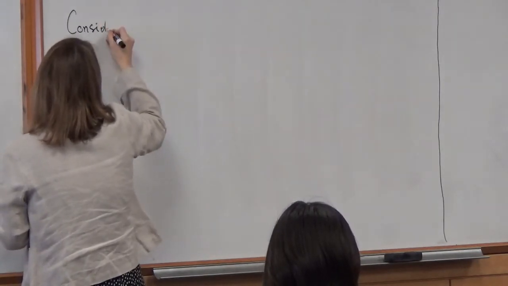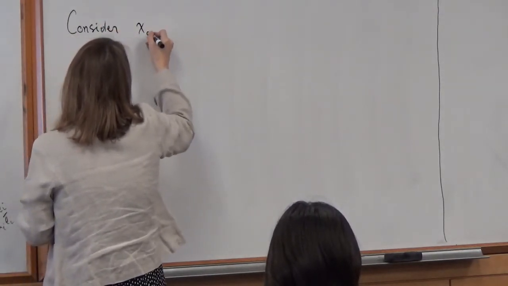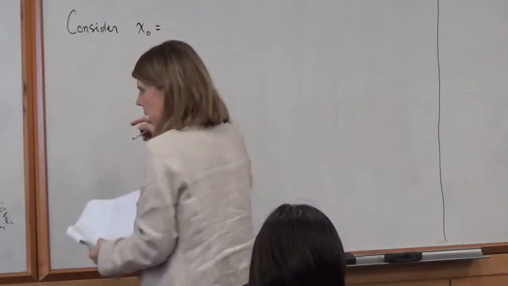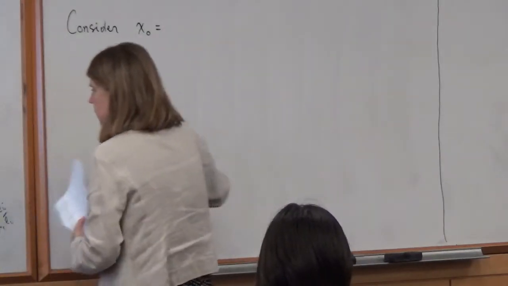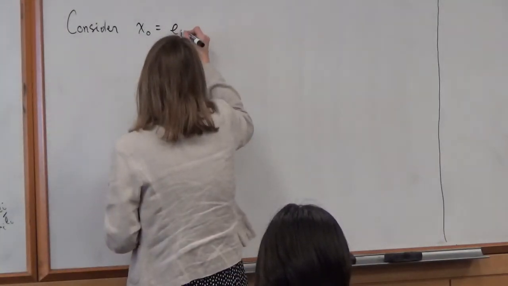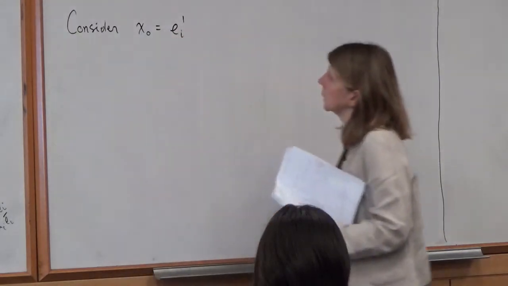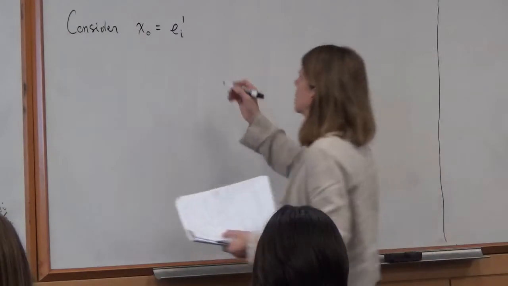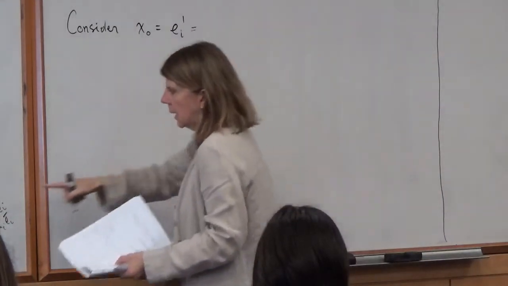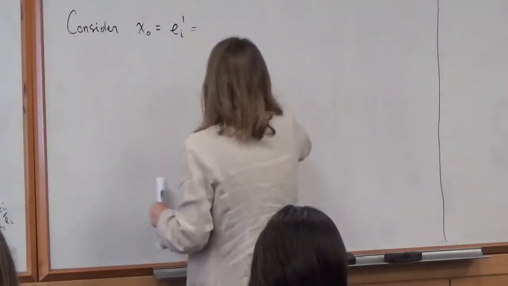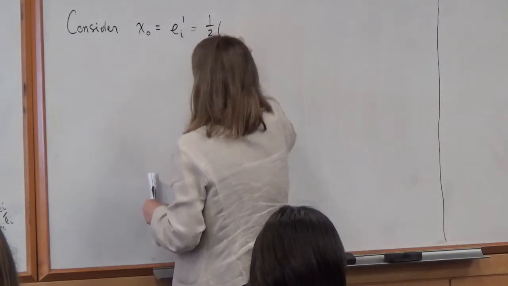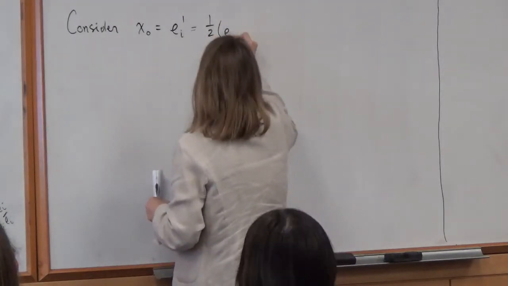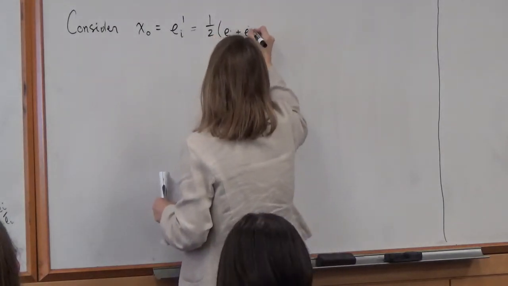Consider some x0, and I'll just choose this vector here, ei1. Why did I do that? Just because it was easy, I had it already on the board, but I also know that it's a linear combination. In fact, it's just 1/2 of ei plus ei bar.